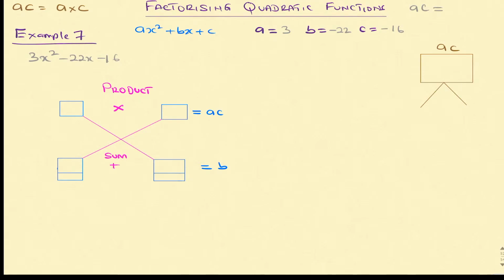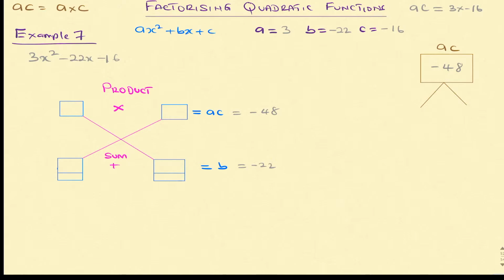Which means a times c. That'll be 3 times minus 16, and that'll be minus 48. So AC equals minus 48, and B, as we know, is minus 22.